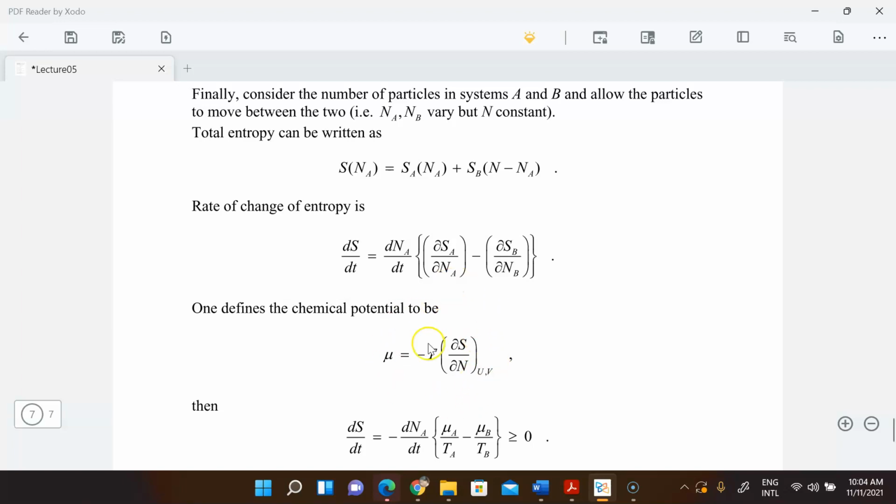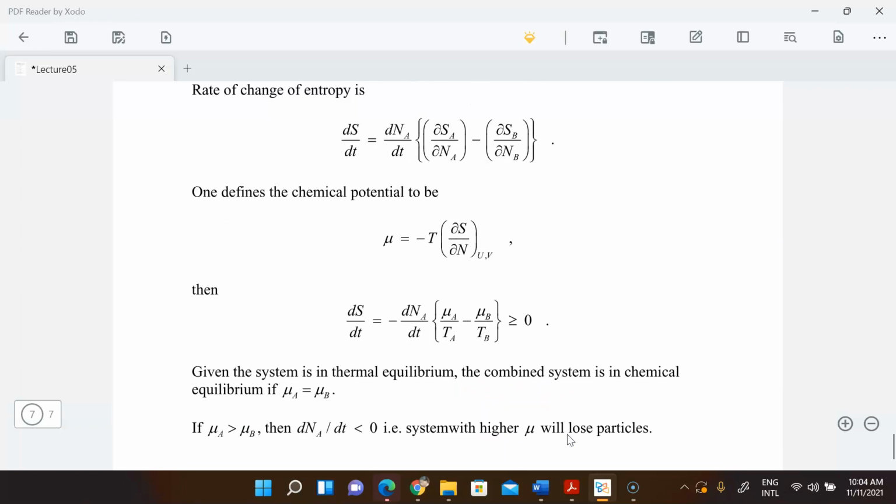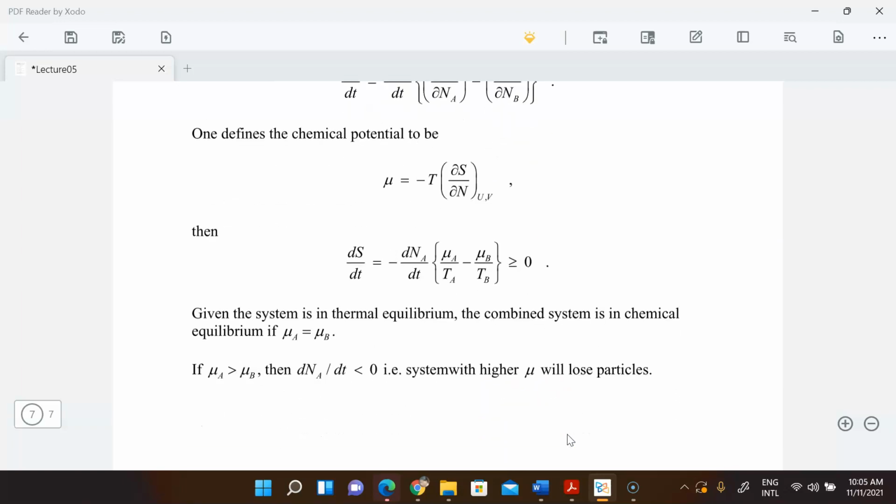When you do that for each subsystem, in this particular case, multiplied by the temperature, I would have mu A, and the minus sign is already taken out front, and then here will be mu B.